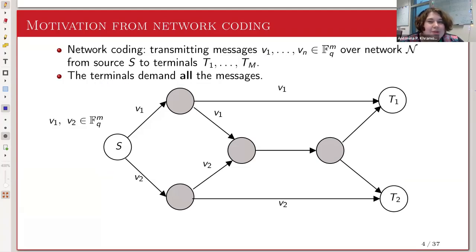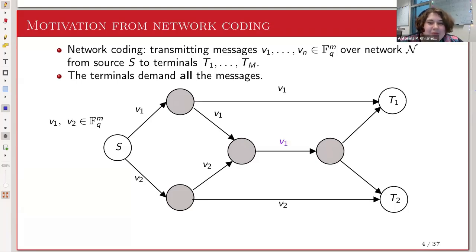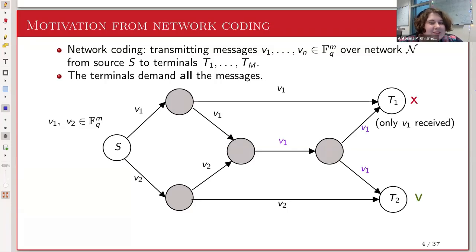Whenever a node gets just one message, the easiest thing we can do is just to transfer this exact message further. But when we have a node like this, which gets two messages, we need to decide what to do with it, because if we just choose to transfer exactly one message, this doesn't work, since this terminal doesn't get V2, and that's not allowed.